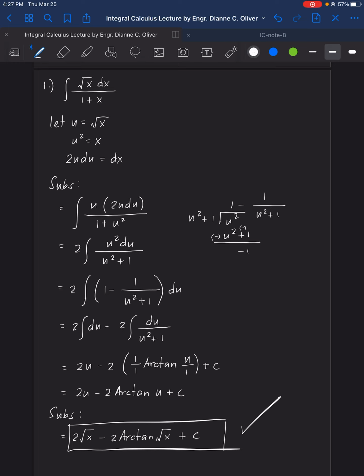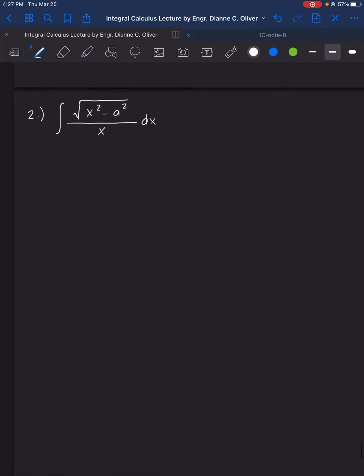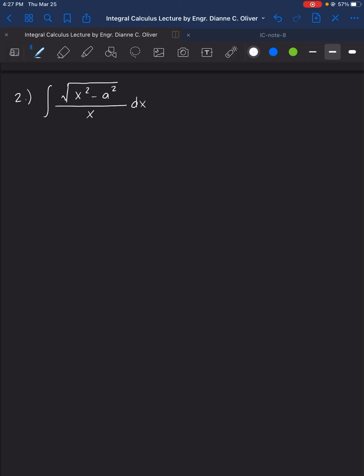Now let's go to sample number 2. We have here the integral of square root of x squared minus a squared all over x dx, where a is a constant. Then again, I will let u be the more complicated one, which is the square root of x squared minus a squared.